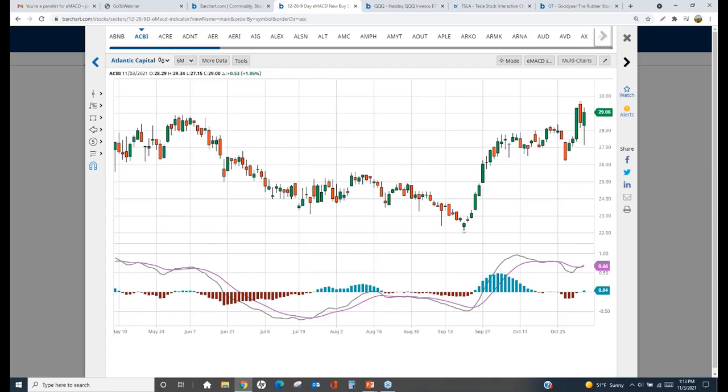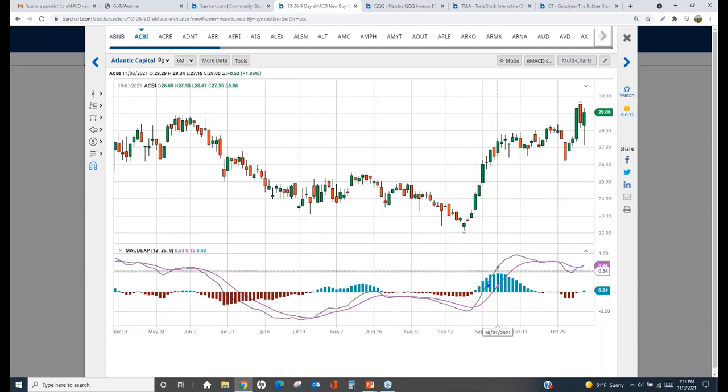So first of all, what we see here today on this example, Atlantic Capital, is we're getting a MACD crossover. The MACD line is crossing over our signal line, and that is giving us a buy signal. And you can see back here, we also got a buy signal too.